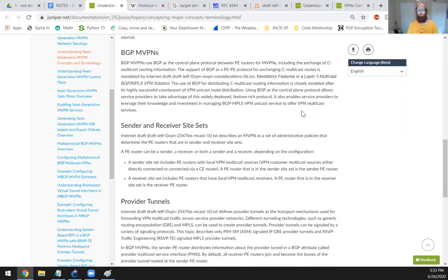The support of BGP as a PE-PE protocol for exchanging C-multicast routes is mandated by the Internet Draft IETF L3VPN MVPN considerations -06.txt, mandatory features in a layer 3 multicast VPN/MPLS VPN solution.